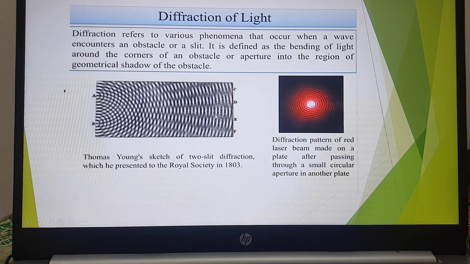This phenomenon was explained by Thomas Young, one of the famous scientists in physics. He sketched and explained the two-slit diffraction, which he presented to the Royal Society in 1803.